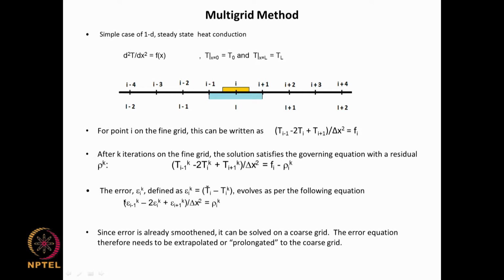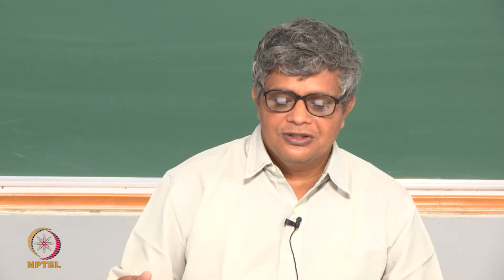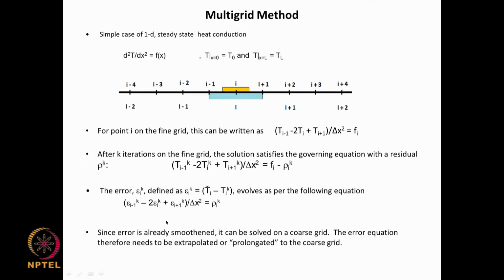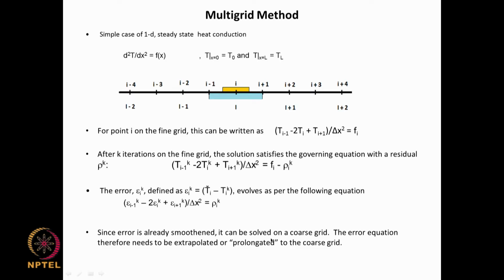So if the spatial distribution of the error has a combination of short and long wavelengths, the short wavelength contribution is already removed, and this has only the long wavelength components. So, instead of solving it on the fine grid, with small i minus 1, small i, small i plus 1, we can solve it on the coarse grid. Since the error is already smoothened, it can be solved on a coarse grid.